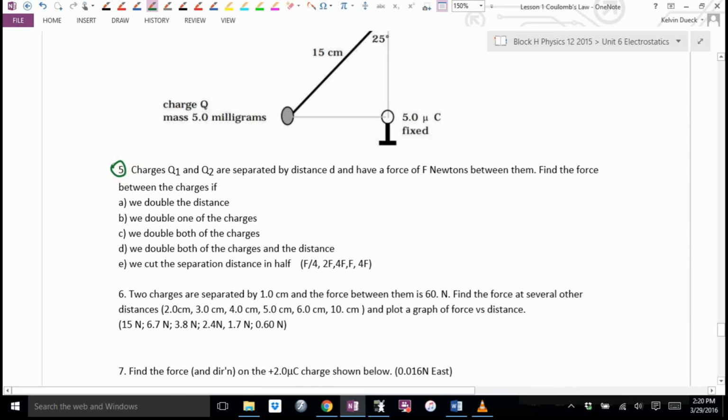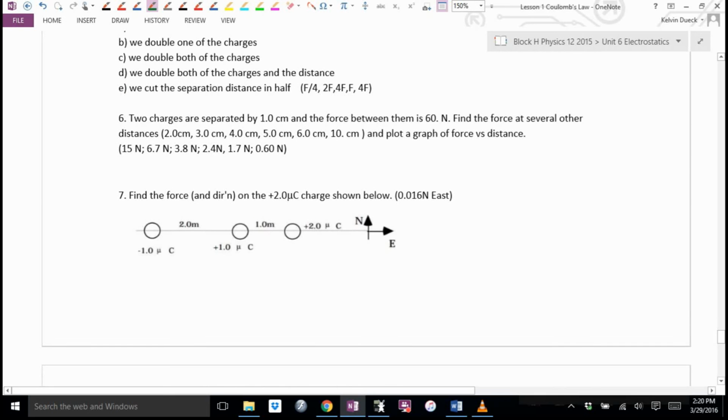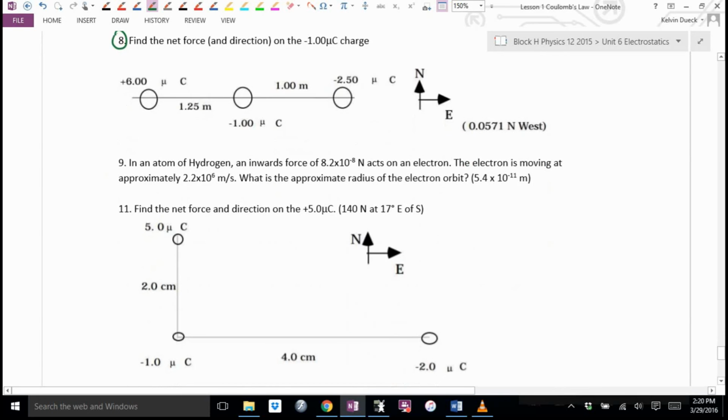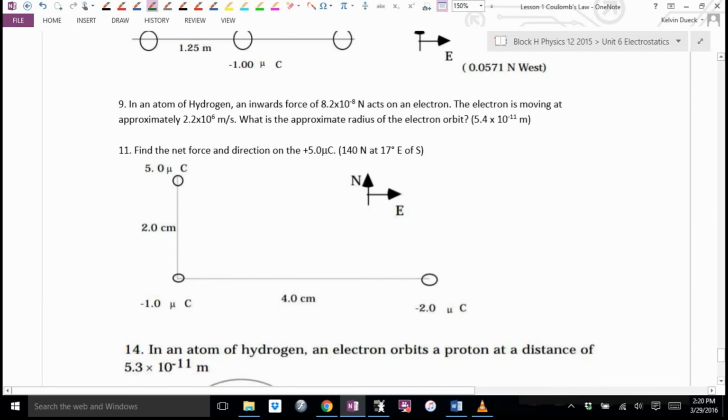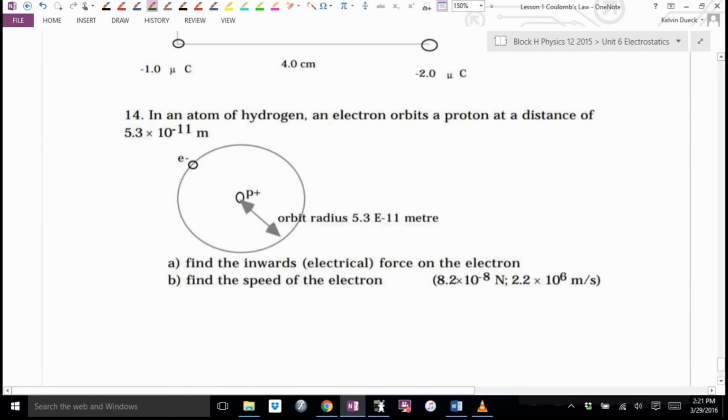Number 5. Number 7. Number 8. Number 14.